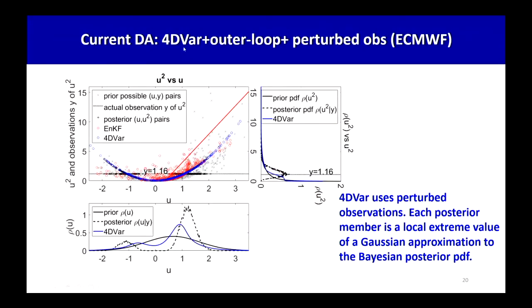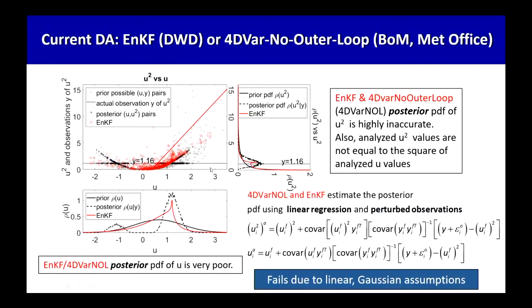There's this 4DVar thing that we spoke about before that Boris liked. It actually has this nonlinear outer loop that ensures that any analysis of U you make is completely consistent with the U squared analysis. So the ensemble Kalman filter doesn't do that. The ensemble Kalman filter, or this best linear unbiased estimation, happily analyzes a U squared value that is not equal to the square of the analyzed U value.